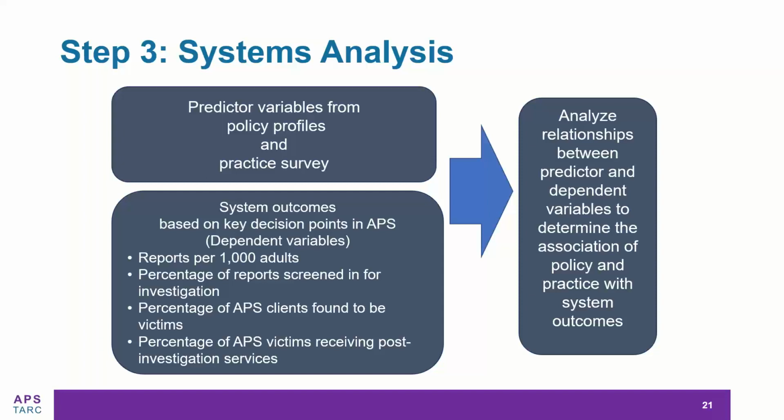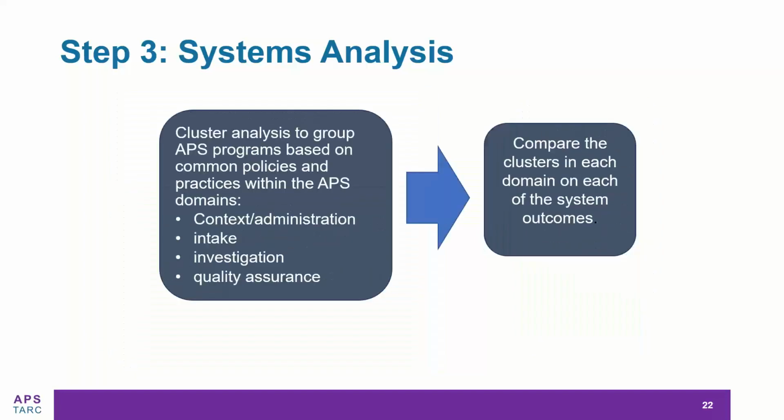The next slide talks about the cluster analysis that we also undertook. We used a technique called principal component analysis and k-means clustering. Those are the fancy statistical things that we did to see whether there would be programs that would group together that would have common practices.